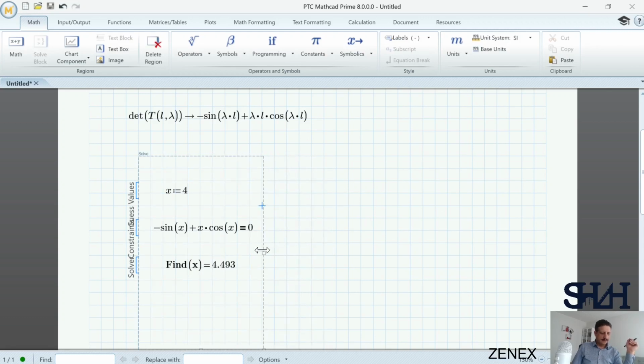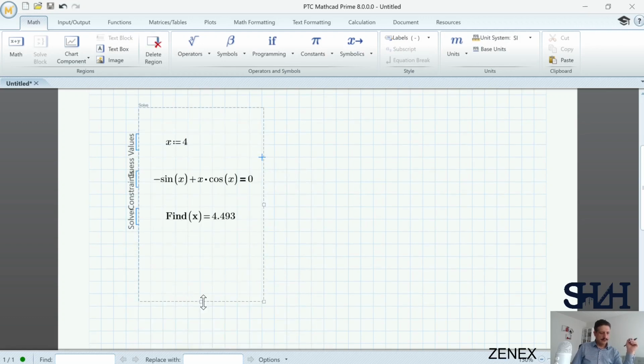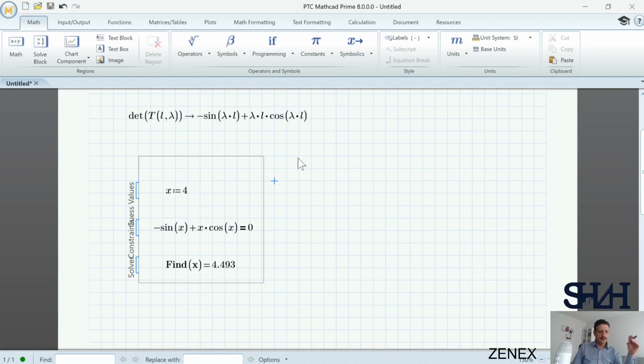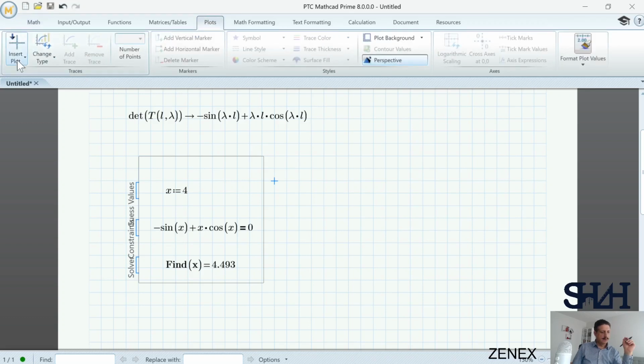There is another method that I usually use. It is very handy. I sketch the graph of the function. Then I will see where the root is. It is very handy with the plot.